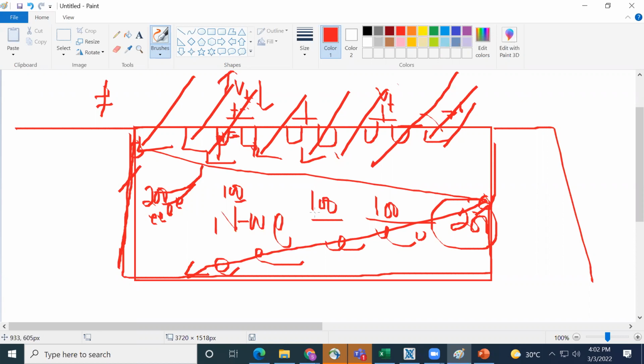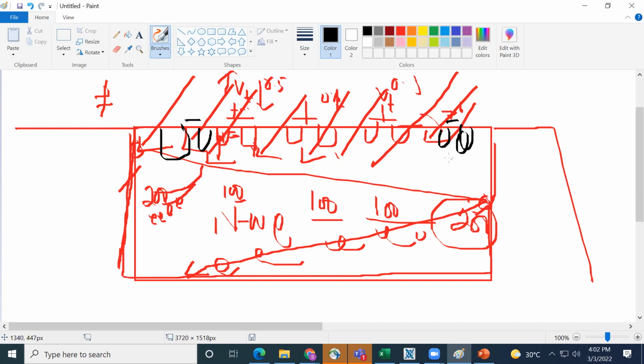Here 100 electrons, VT is suppose 0.5. Here 0.5, here 0.1. So this is how VT variation occurs. To avoid this, what do we add? We add dummy on the sides.